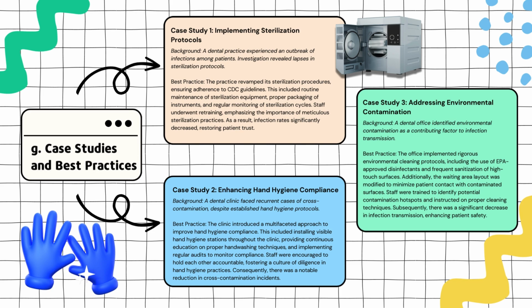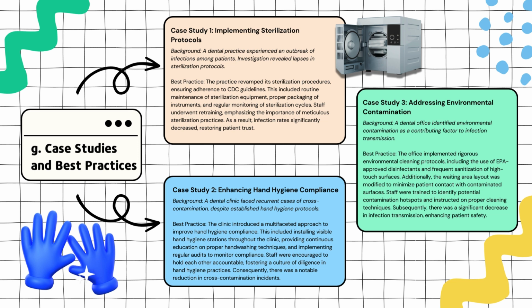This included installing visible hand hygiene stations throughout the clinic, providing continuous education on proper hand washing techniques, and implementing regular audits to monitor compliance. Staff were encouraged to hold each other accountable, fostering a culture of diligence in hand hygiene practices. Consequently, there was a notable reduction in cross-contamination incidents.